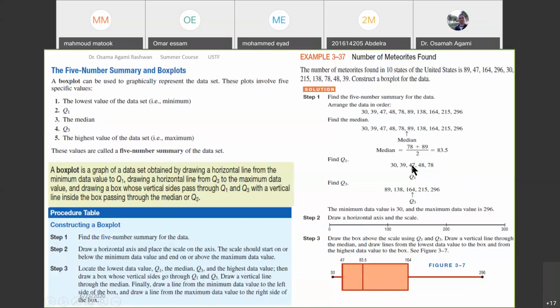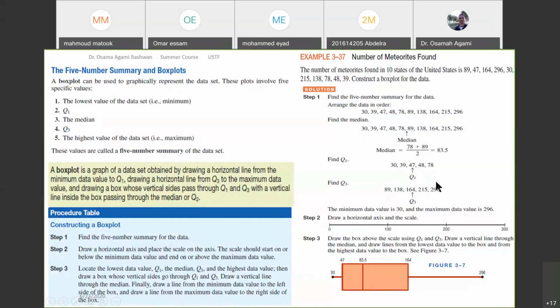The first quartile will be one of your values. Why? Because it's 25%. The 25% of what? Out of 10, right? 25% of the 10 is 2.5.